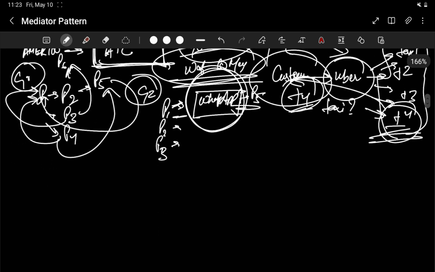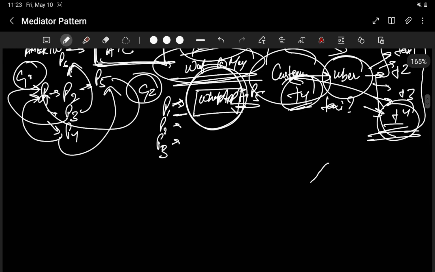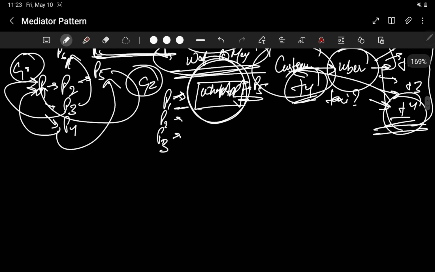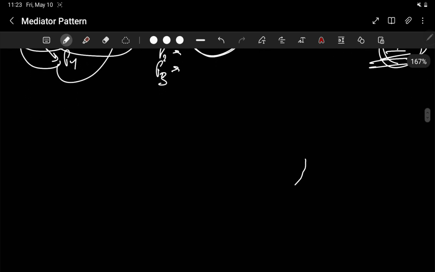Now I am going to show, with a little object oriented code, how it's going to be used. I'll take the example of the air traffic controller because I think it's a simple example. So let's say there is an airplane class.